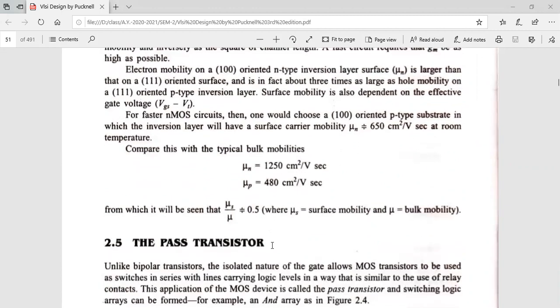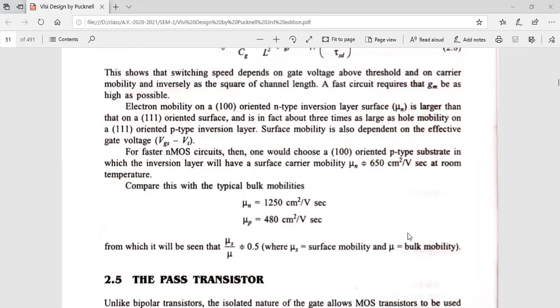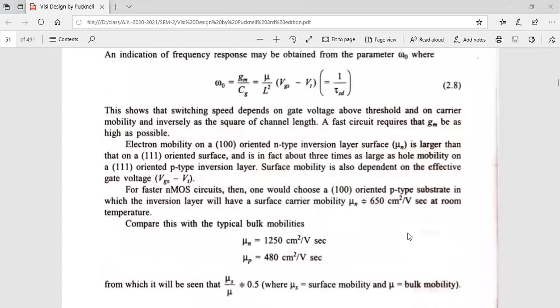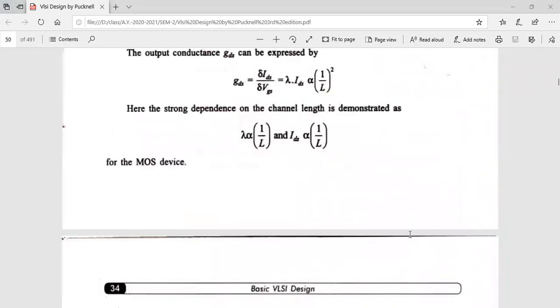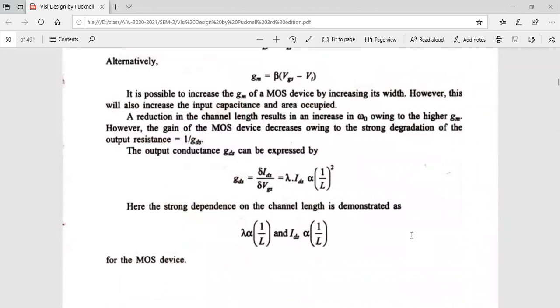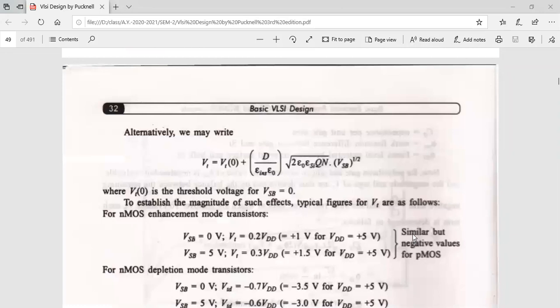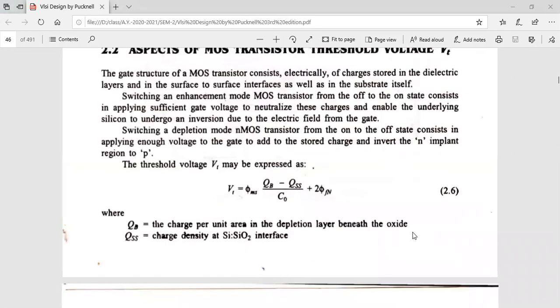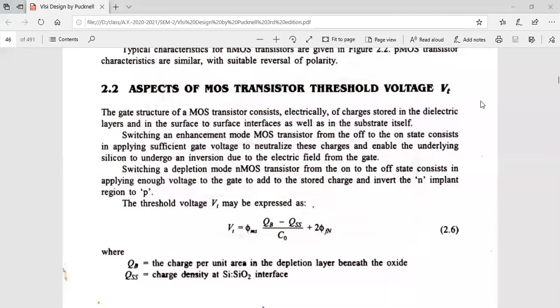So I'm ending the class here. The total thing is we have analyzed the figure of merit, omega naught, and also the other aspects, that is the transconductance GM.